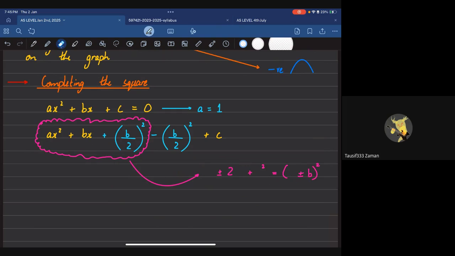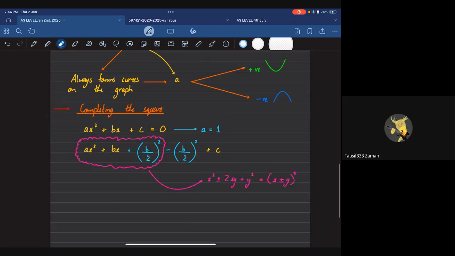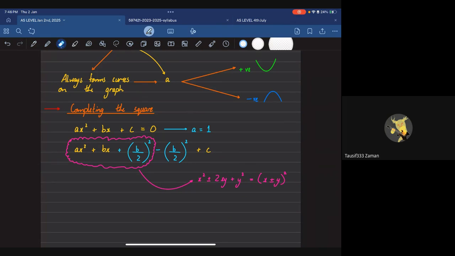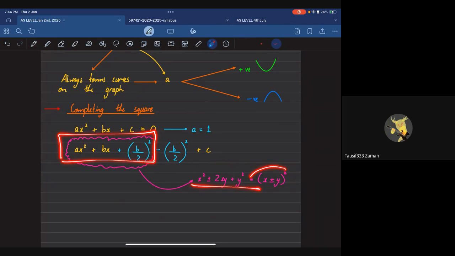I'll write them down as X and Y. So if you have X squared plus 2XY plus Y squared, it can be written like this, if the A and B are a bit misleading or confusing to you guys. So that is how we used to do factorization before, and we used to write it like this. So now this entire thing, which is identical to this, can be written like this as well, because they are just alternative forms of each other.